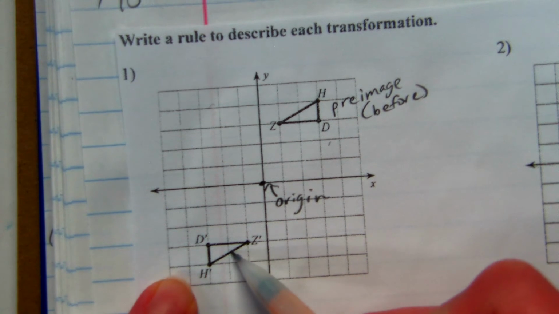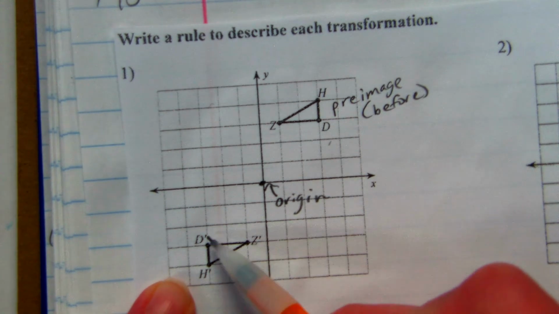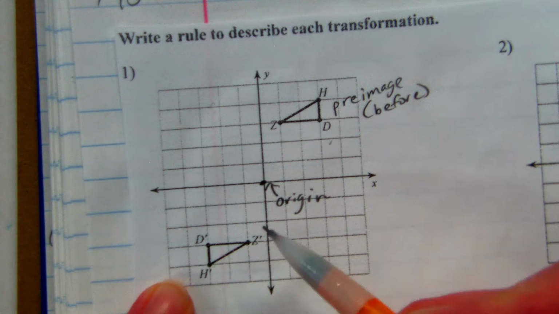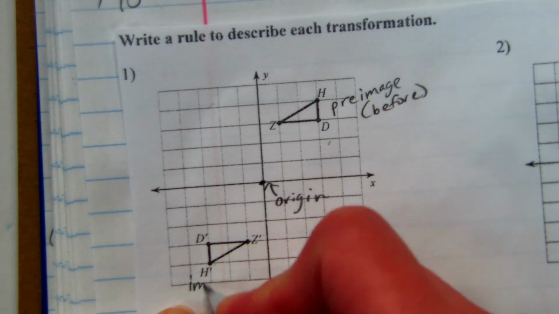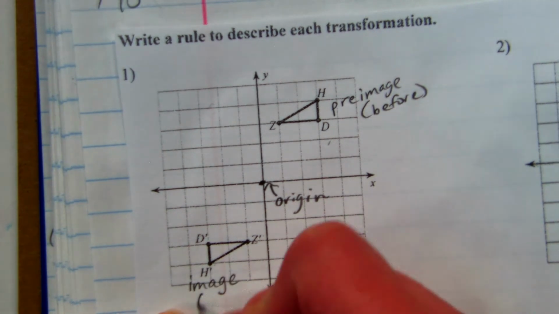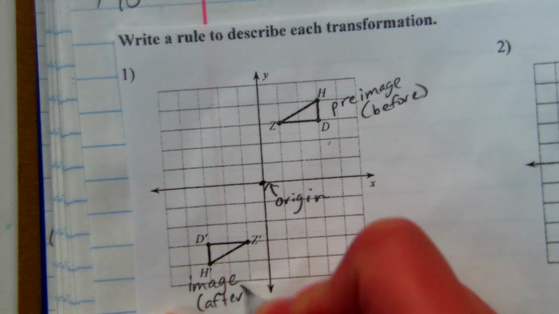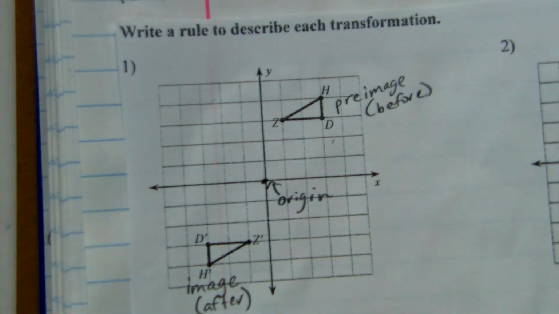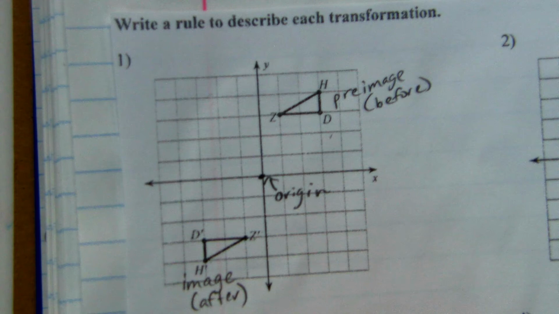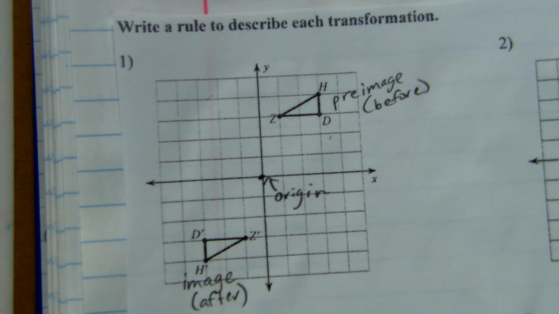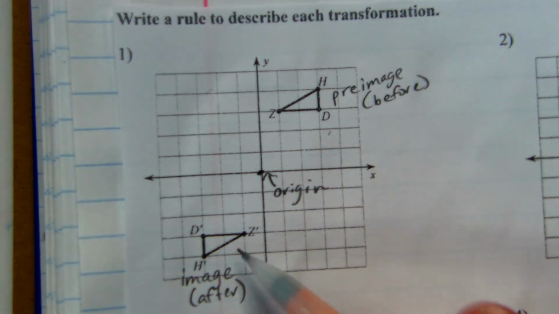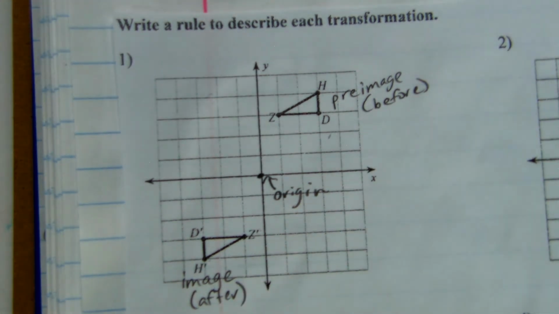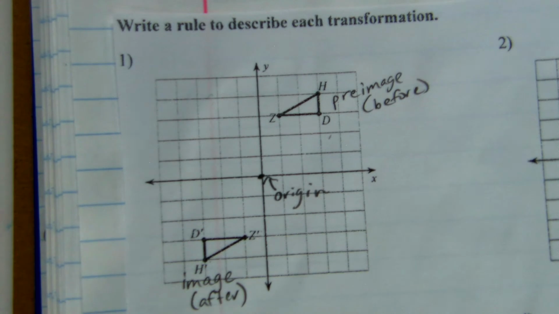Down here is after we've done the rotation. It has the little primes on each of the numbers, and they call this the image, which is the after. So I don't know why it's pre-image and image and why they didn't do like pre and post. I'm not in control of these things. Somebody else decided that. But basically, you just want to figure out which one's first and which one's after the rotation has happened.